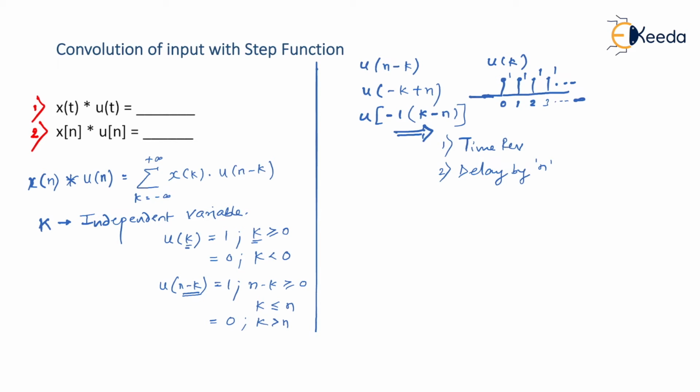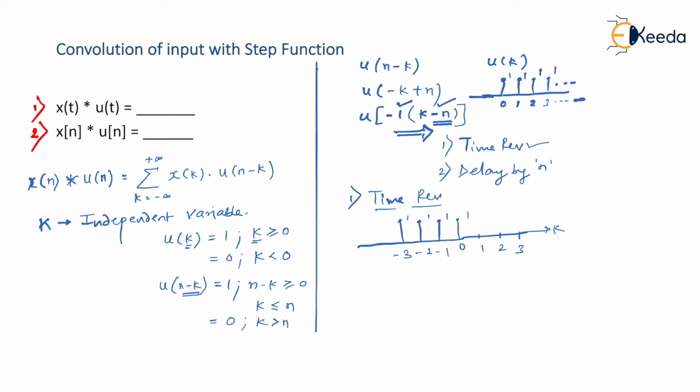Now if I apply time reversal, then u of minus k will look like this. For 1, 2, 3 it will be always 0. For 0, minus 1, minus 2, minus 3, these are values of k for which u of minus k will be always 1. So the first property is applied and time reversal is done. What is left is the delay by n.